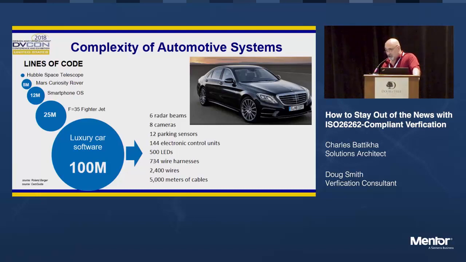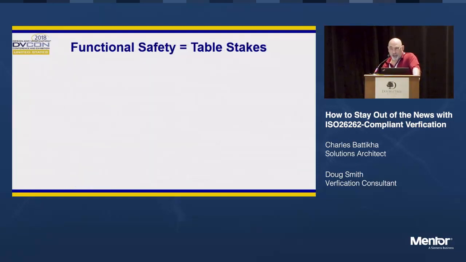Now, in the context of ISO 262, that's driving the functional safety aspect. The more complex the car, the more opportunity for things to go wrong, the more that we have to rely on the standard and what it brings to the table to address that series of risks.